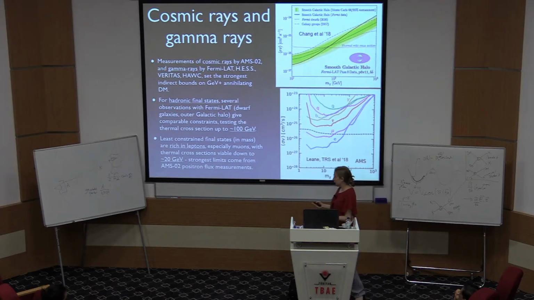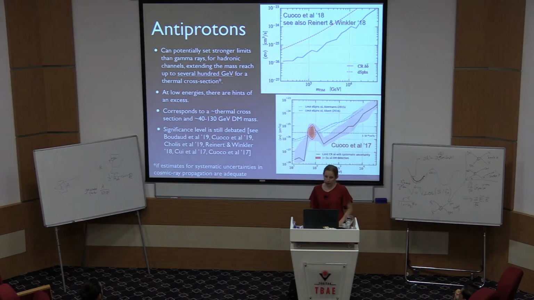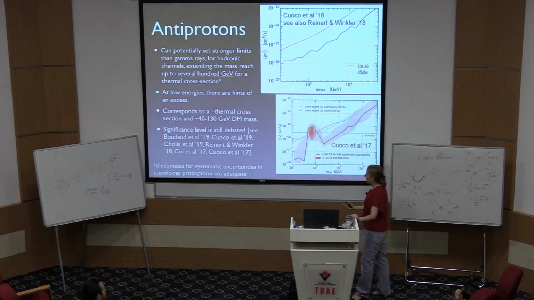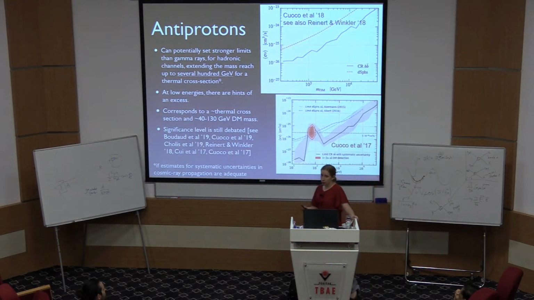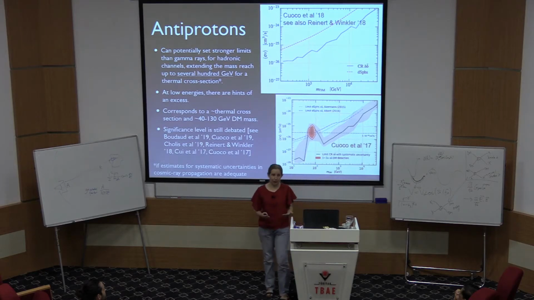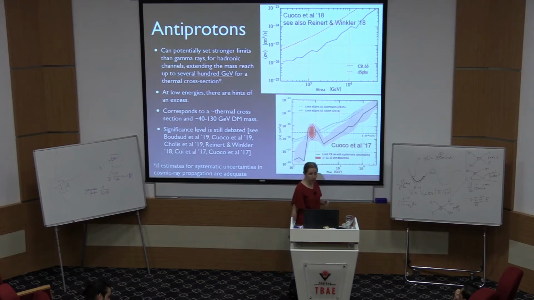But because there are large uncertainties on those limits from the propagation uncertainties, for annihilation to muons you can only rule out the thermal relic cross-section below about 20 GeV. And above that, the space is pretty open. For hadronic channels, as well as producing photons, they also produce charged particles, antiprotons and protons.